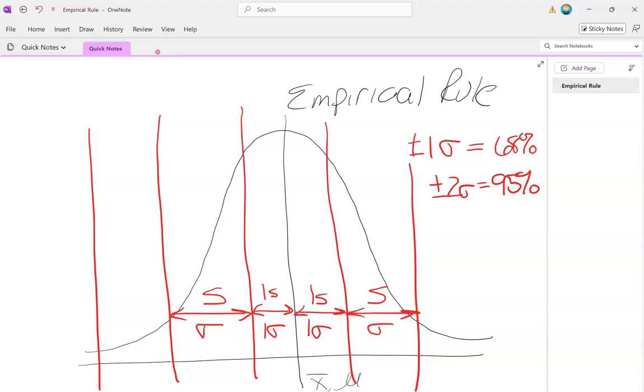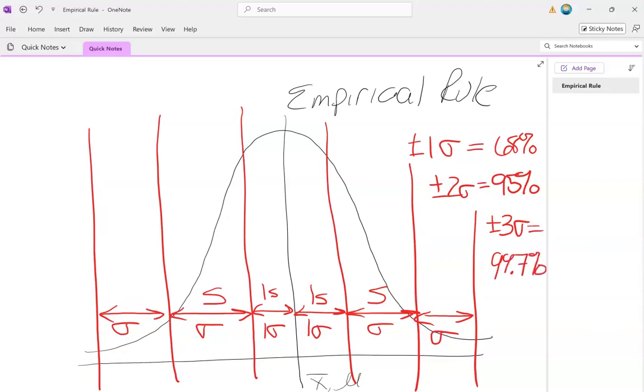And then if I go out one more, if I hit that third standard deviation, so sigma here, plus or minus 3 standard deviations is going to be 99.7% of the data.